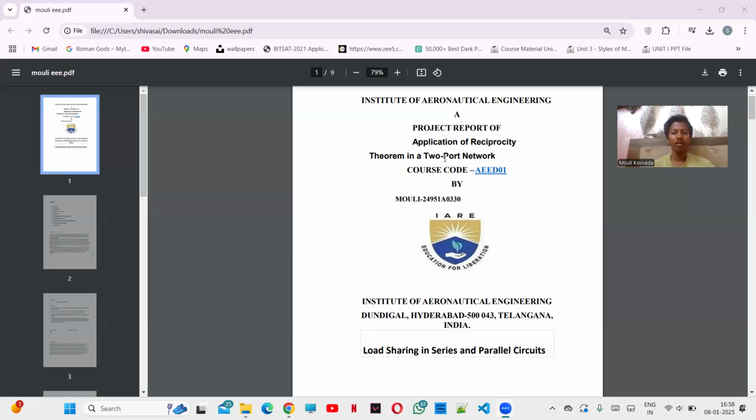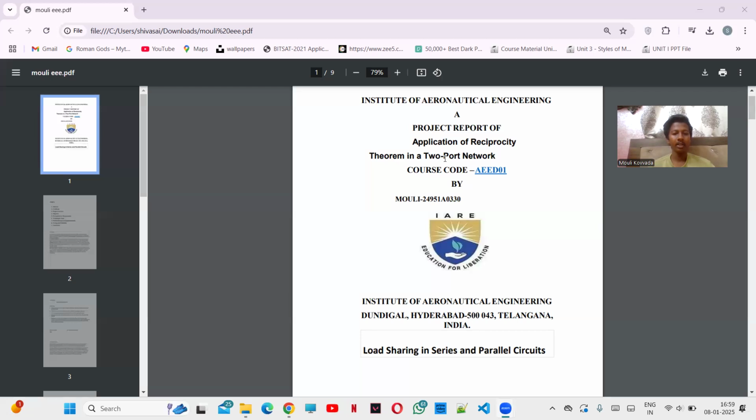The configuration of these circuits determines how current and voltage behave across the components and how power is dissipated. The two primary types of circuit configuration are series and parallel, each offering unique characteristics and behaviors, particularly when it comes to load sharing.